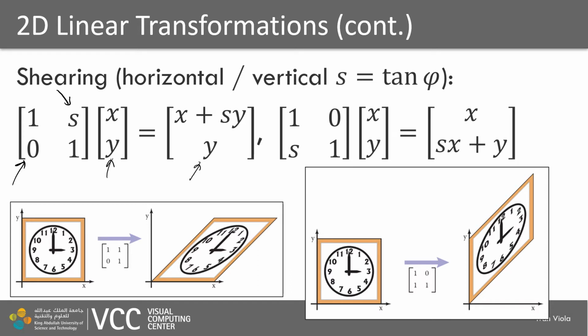But the higher the value of y is, the more there will be a translation of the x position along the x direction. So if y is 0, the x coordinate is unchanged, and with increasing y, this x coordinate will be more and more sheared.